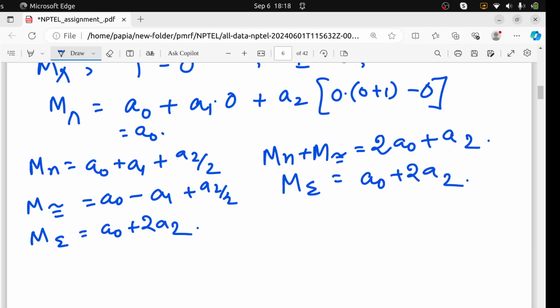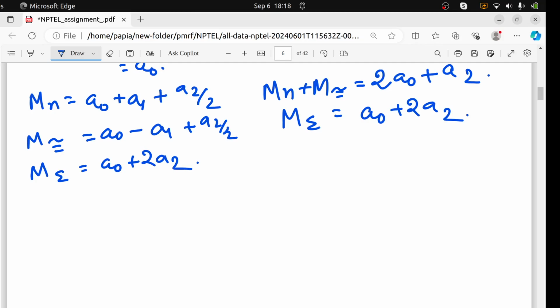Now you can see it's a very simple expression. How? Because if I write here Mn plus M cascade minus, okay, that is also fine, or plus. Okay, so now this minus this. Now you can write here 2 into this minus M sigma.